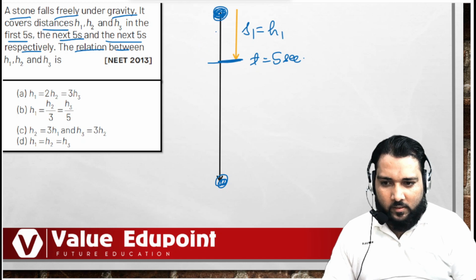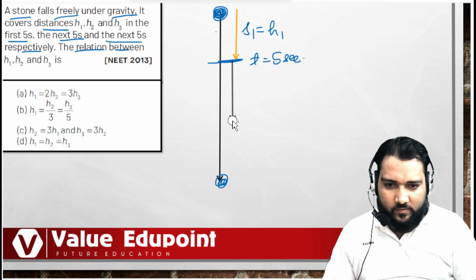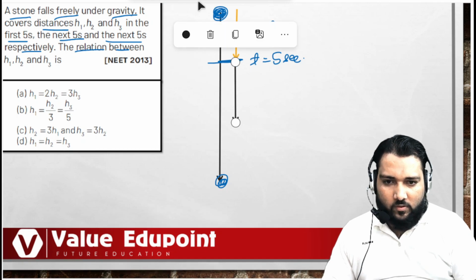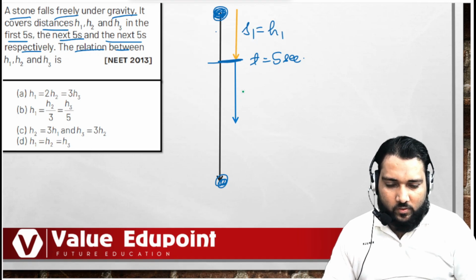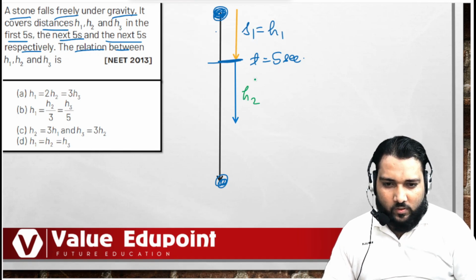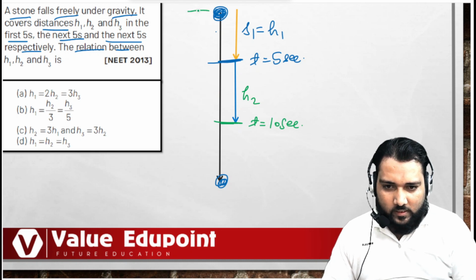Now for another 5 seconds, this distance is s2, the covered distance from here to here, where the time interval is 10 seconds. This time is the next 5 seconds. So this distance from the initial point will be s2.